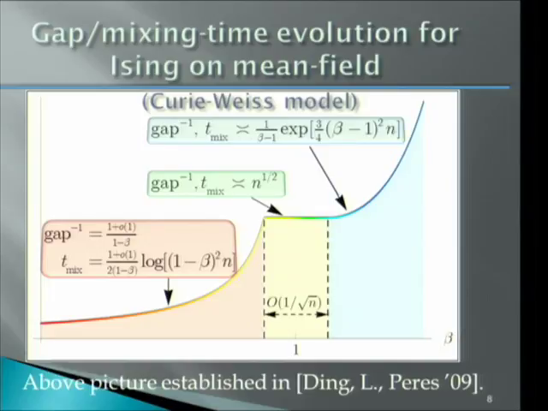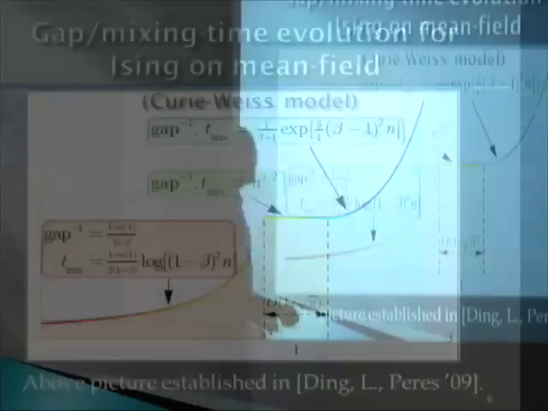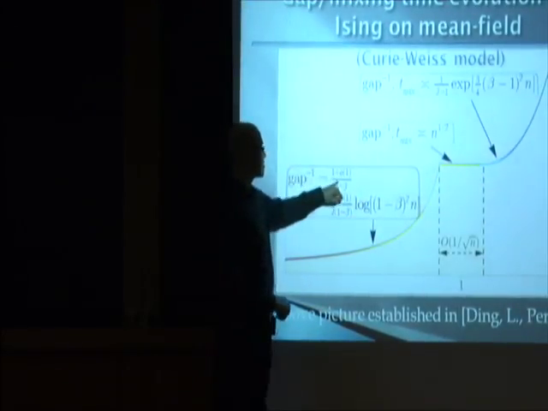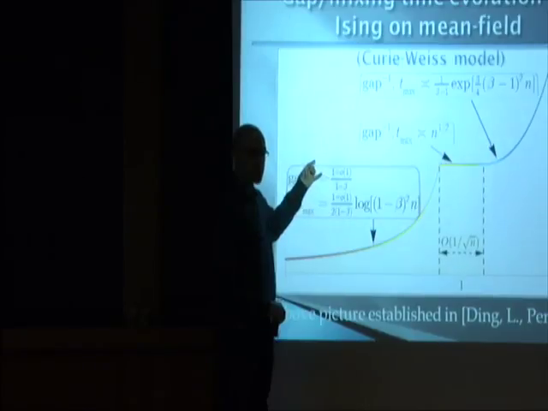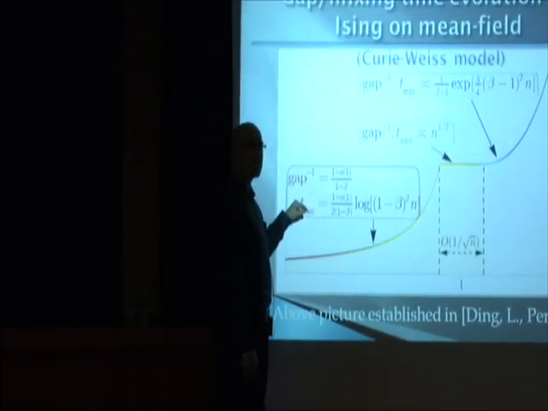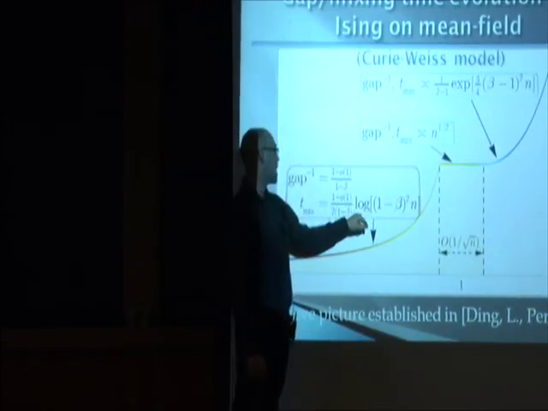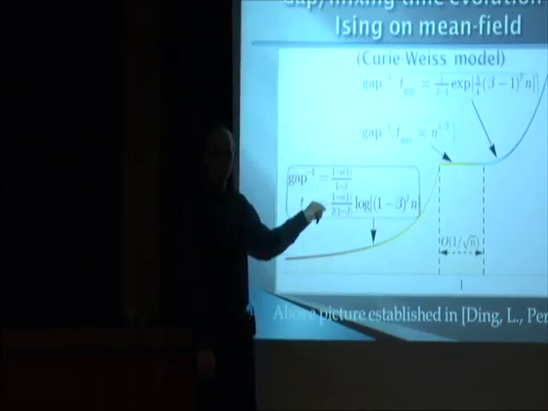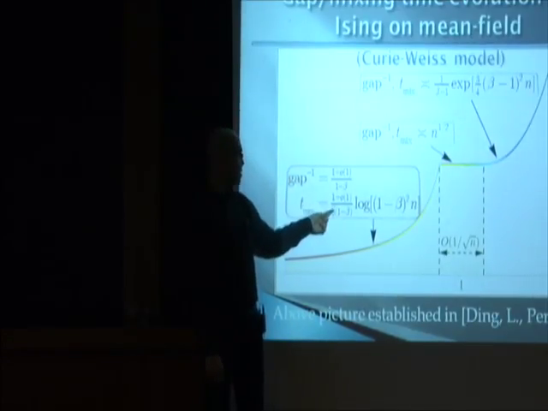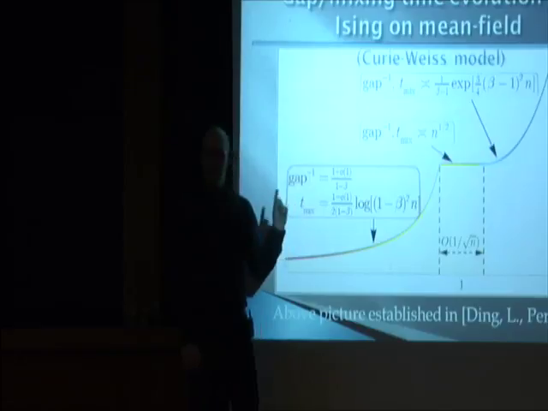Remember that beta is the inverse temperature. So below beta critical, which was normalized here to be 1, we have a gap which is constant, 1 over 1 minus beta, and an L1 mixing time, which is something like log n. There's a constant. And notice that we know what the constant is.